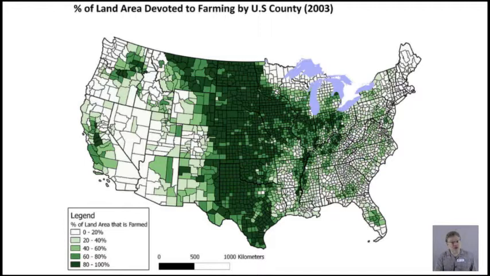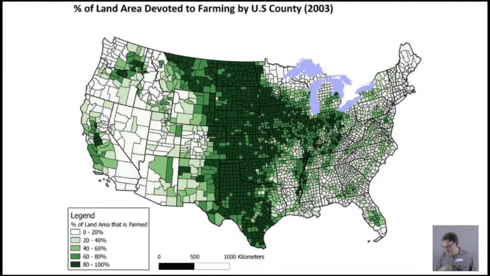And if it's most of the area in that county, be it large or small, that county should be colored more darkly than some of the other counties. Well, apparently the makers of this map would agree with us, because that's exactly what they've done in coloring the counties according not to the total number of acres, but to the percent of land area devoted to farming.